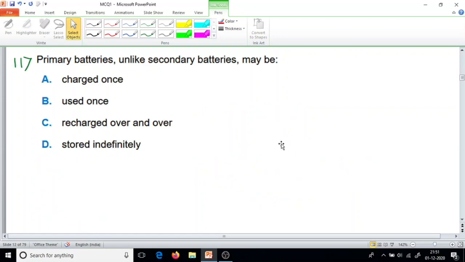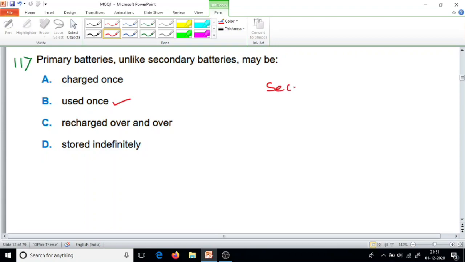Question number 11. Primary batteries, unlike secondary batteries, can be used only once.